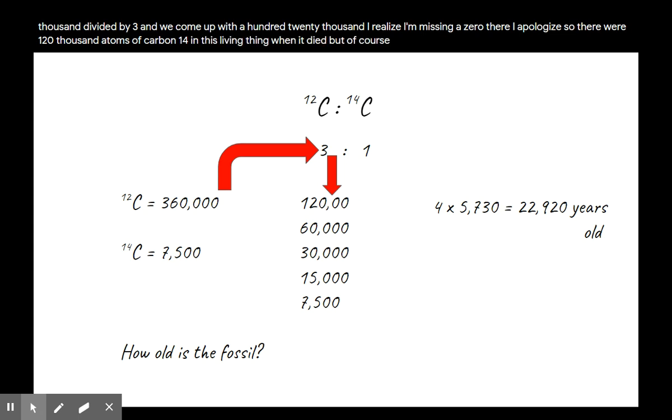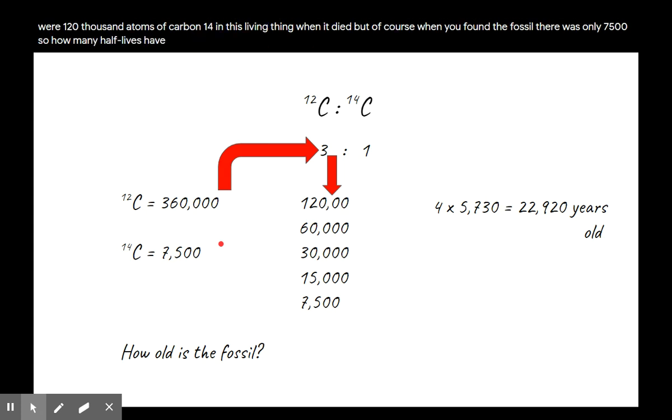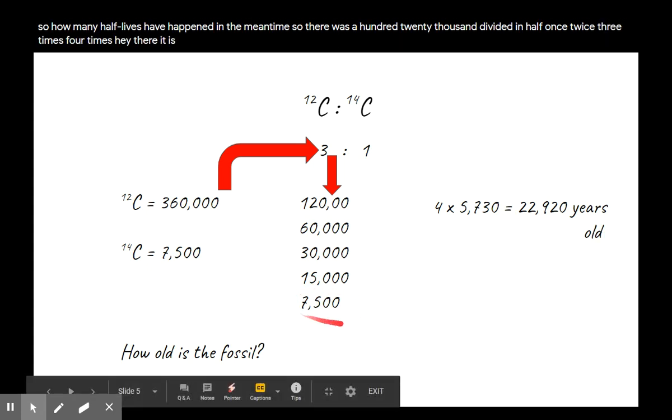But of course, when you found the fossil, there was only 7,500. So how many half-lives have happened in the meantime? So there was 120,000 divided in half once, twice, 3 times, 4 times. Hey, there it is, 7,500 matches the amount of carbon-14.